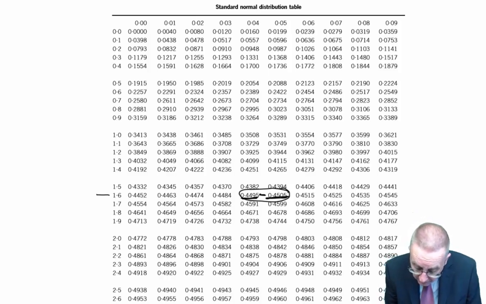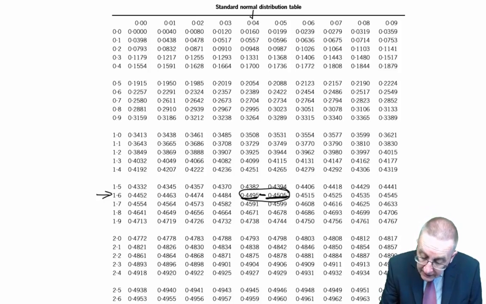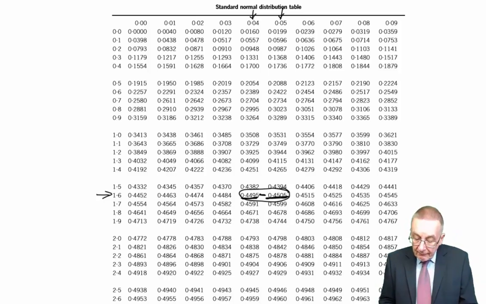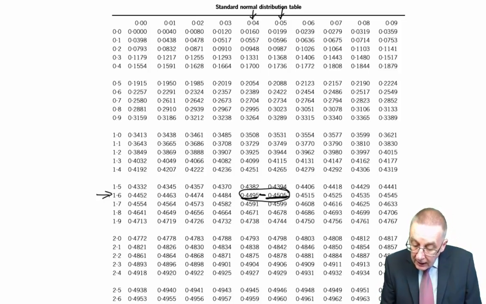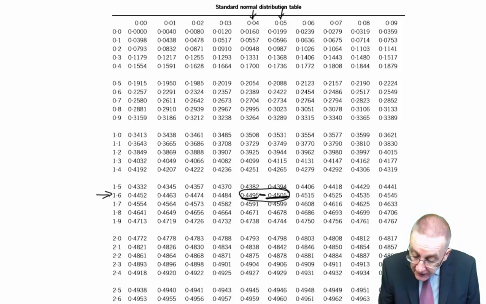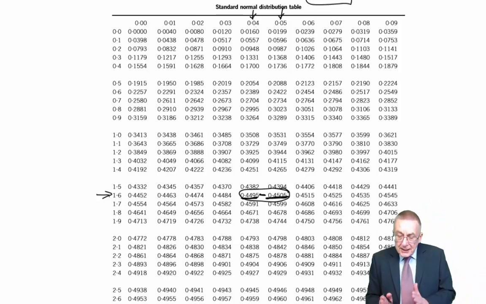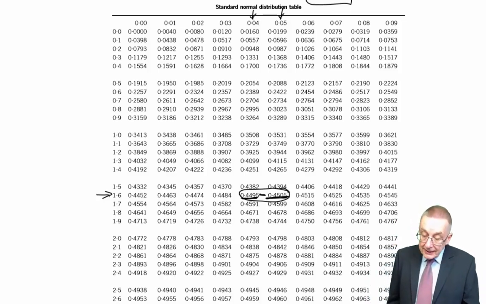Well, it's the 1.6 row, and it's halfway between the 0.04 and 0.05 columns. So it's approximately 1.645. I said approximately because in fact it's not precisely linear, so it's not exactly 1.645, but it's about that.